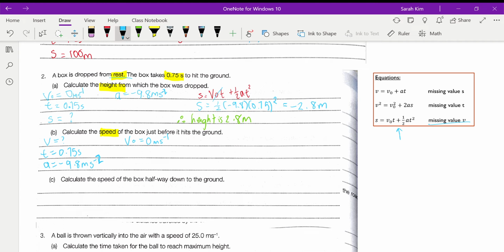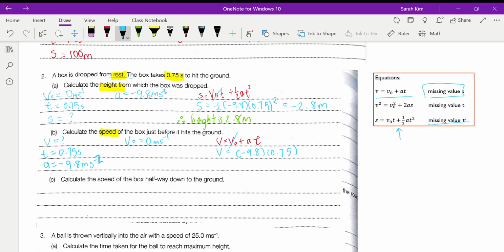Alright, so what are we missing? Well, we are missing the s, so we can use the v equals v0 plus at equation. So my v is simply going to be, that cancels out, -9.8 times 0.75.